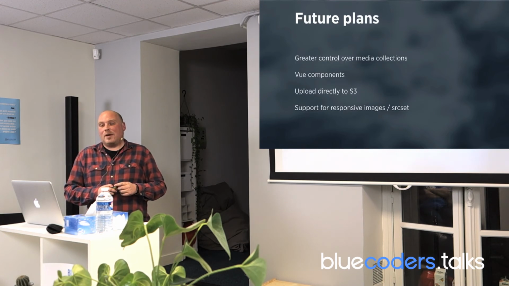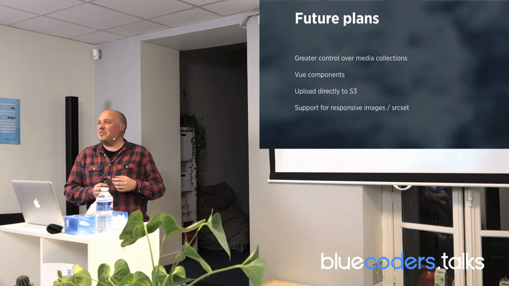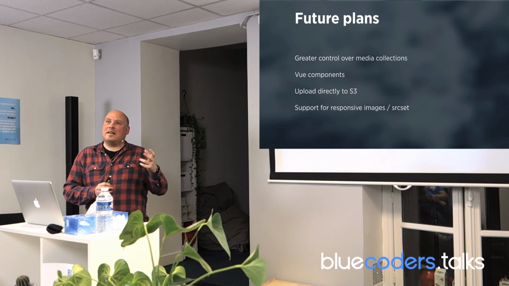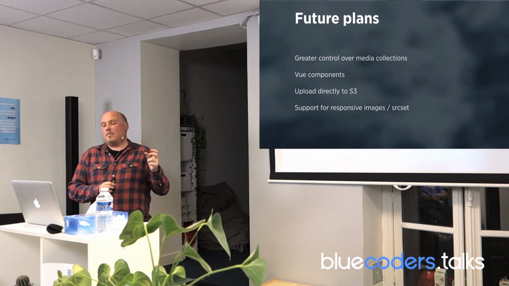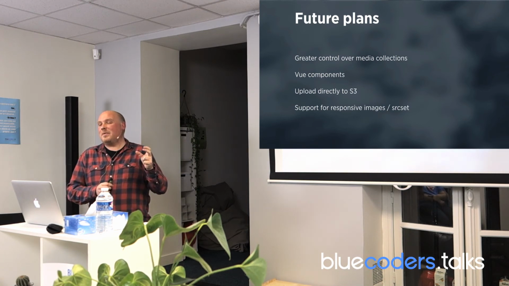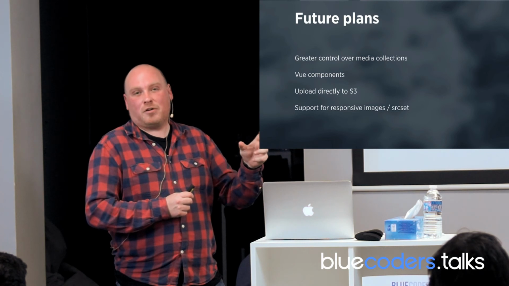We have some great plans for version 7 of our media library. We are going to give you more control over image collections. Right now, that image collection is just the name, images, downloads, but we are actually going to allow the ability to specify which sorts of files are going in there.